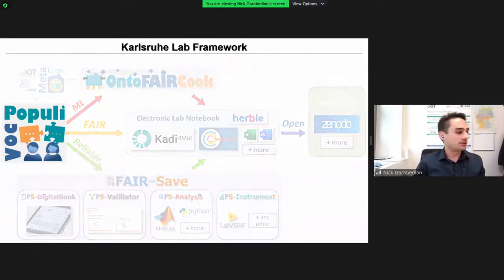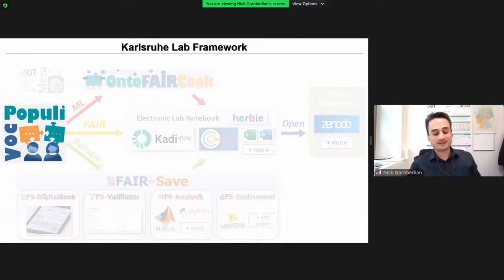And just to reiterate, once again, we believe that everything starts at Voc Populi or similar solutions for metadata management. And we are not trying to replace electronic lab notebooks. I think they are doing a great job, but actually we're trying to help the adoption of electronic lab notebooks by making it easier for users to become digitalized.